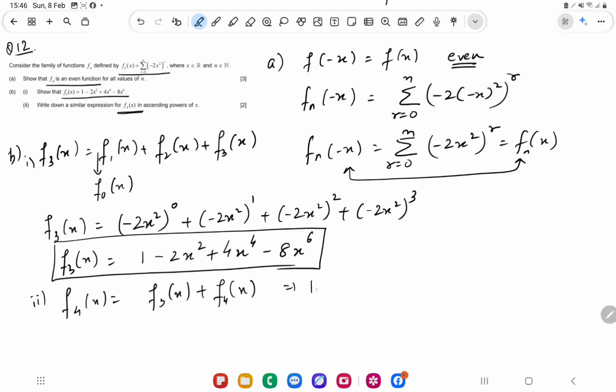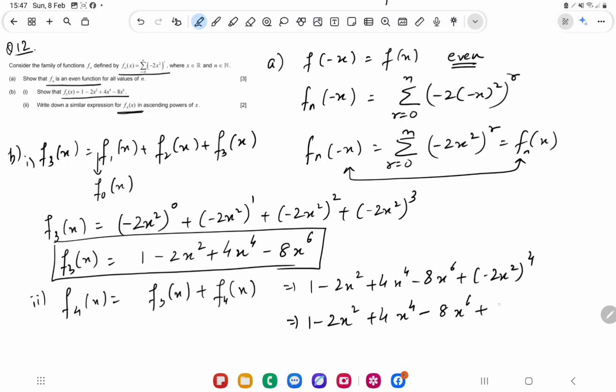My f3 I have already calculated in the first part, and it is already in ascending power. So for f4, I just need to calculate power 4. So this I can write as 1 minus 2x square plus 4x to the power 4 minus 8x to the power 6 plus 16x to the power 8. So this entire expression is my answer for f4(x).